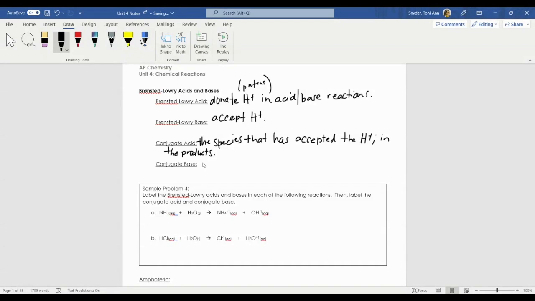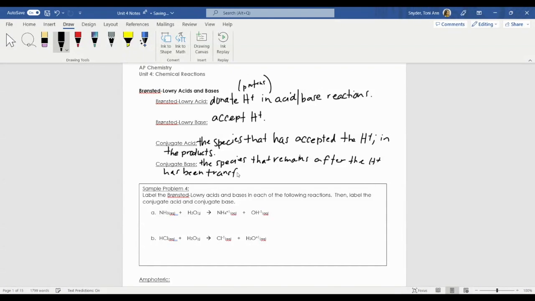So the conjugate base is the species that remains after the proton has been transferred.